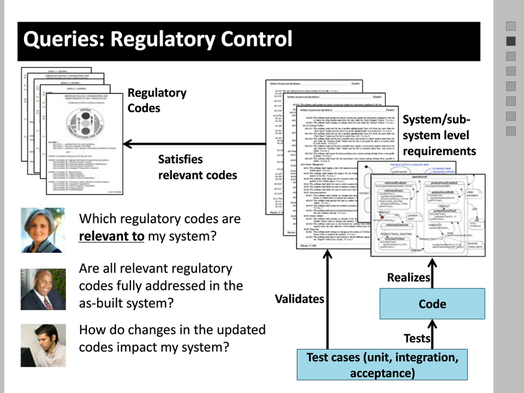And are these codes being fully addressed in the as-built system? And a question that is usually pertinent is, how do changes in the updated regulatory codes, as modifications and new revisions come out year after year, impact my as-is system? If you bear with me, I understand that answering some of these questions can be difficult right now, but we want to think about what we would like to be able to have our project data do for us.